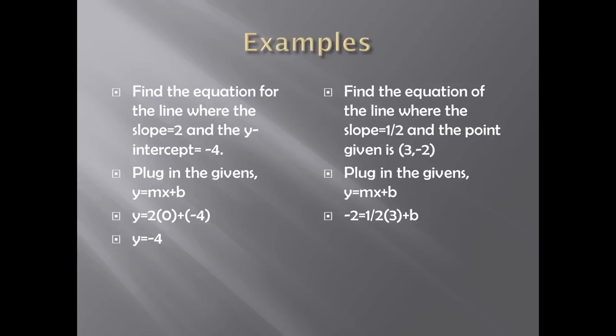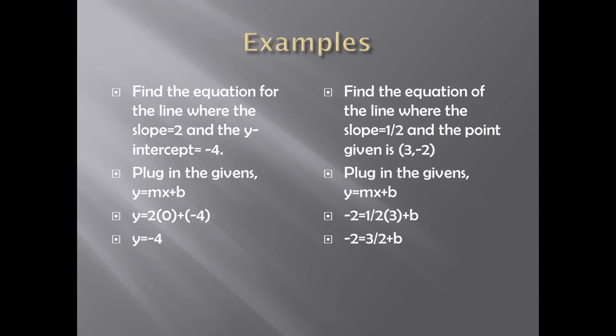Now, what we do is we simplify everything on both sides of the equation. So negative 2 is there by itself, so we're going to leave that for a while. What we're going to do is multiply 3 times 1/2, and you should get 3 halves plus b is equal to negative 2.